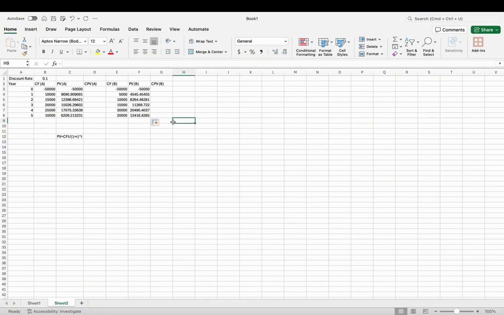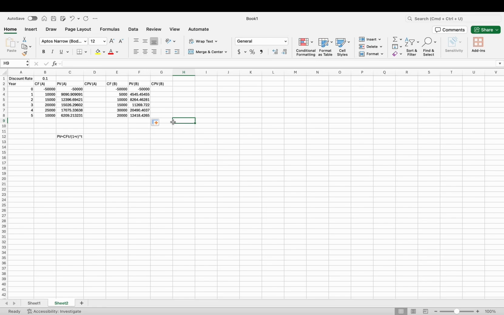So this shows us how future cash flows are reduced when we apply the 10% discount rate. So the next step is to calculate the CPV, the cumulative present value. The CPV will show the running total of the present value over time. It will allow us to see in which year the project breaks even and how much value it creates by the end of the horizon.